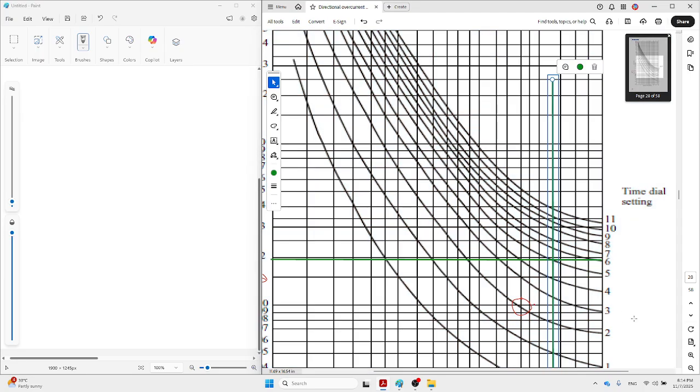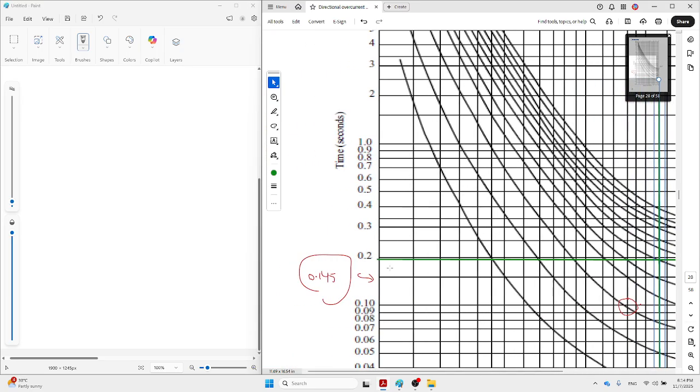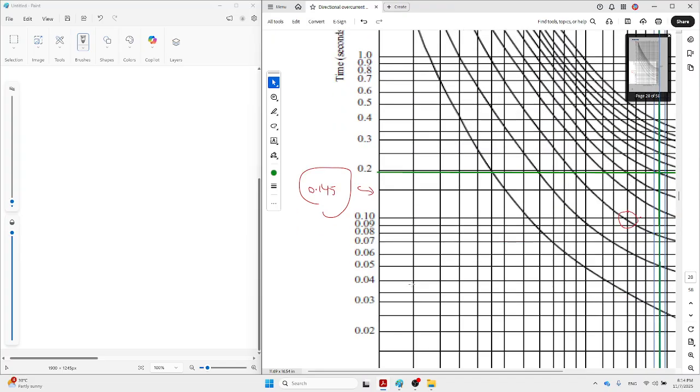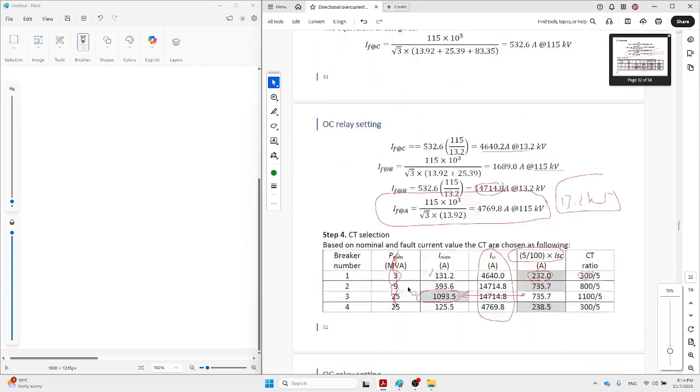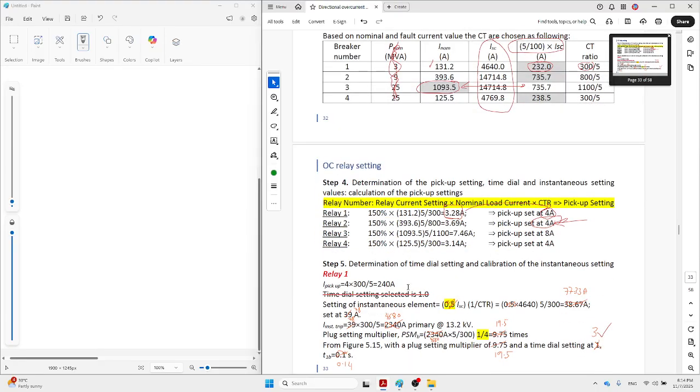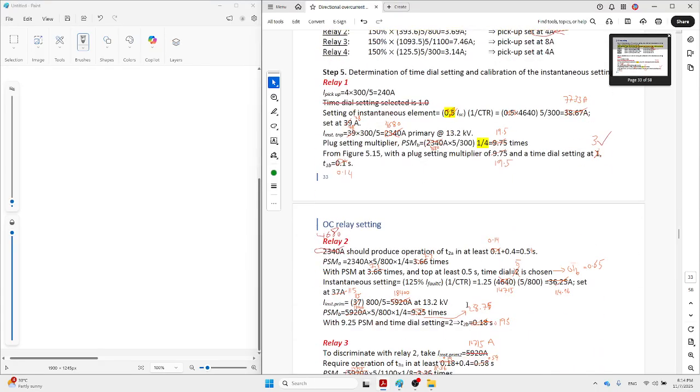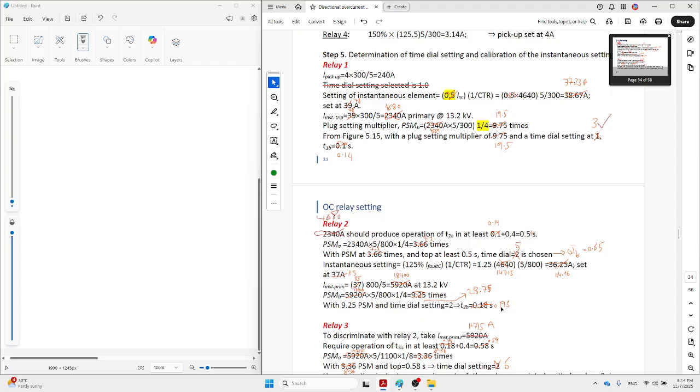Okay, so you can see the operating time is a bit less than 2. A bit less than 2. So what is the value I selected before? It is 0.195, I think. 0.19, 190 milliseconds, correct?